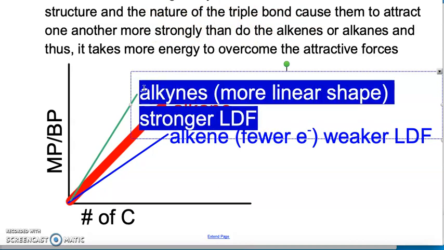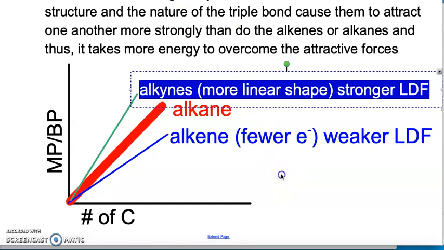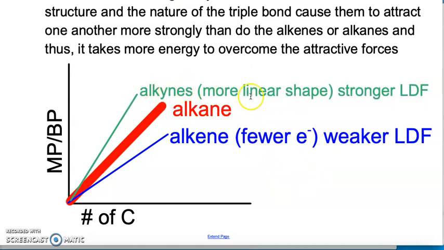Okay, so when you're ranking things, which we definitely do, alkynes are above alkanes, which are above alkenes, okay? Started with alkane. Alkene was less because it has fewer electrons, so weaker LDF. Alkyne, because of that shape, even though it has fewer electrons, the shape gives it a stronger London dispersion force.